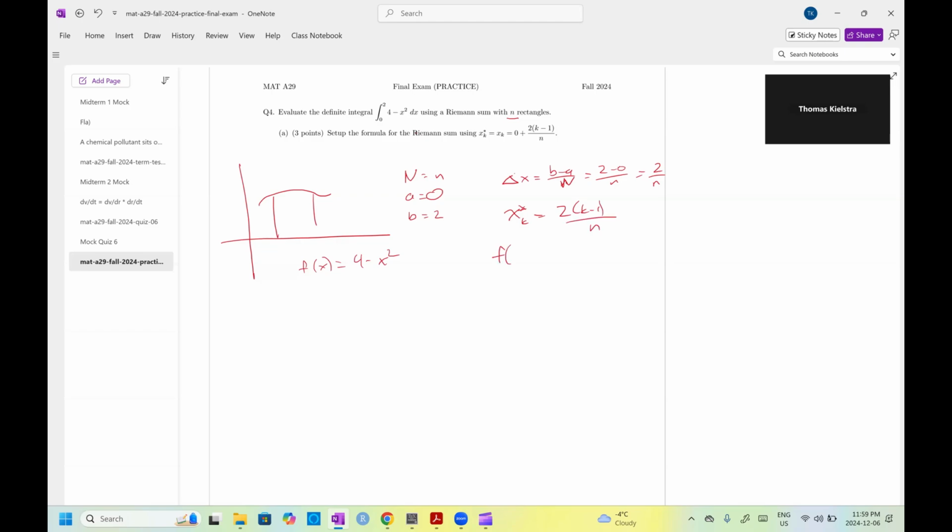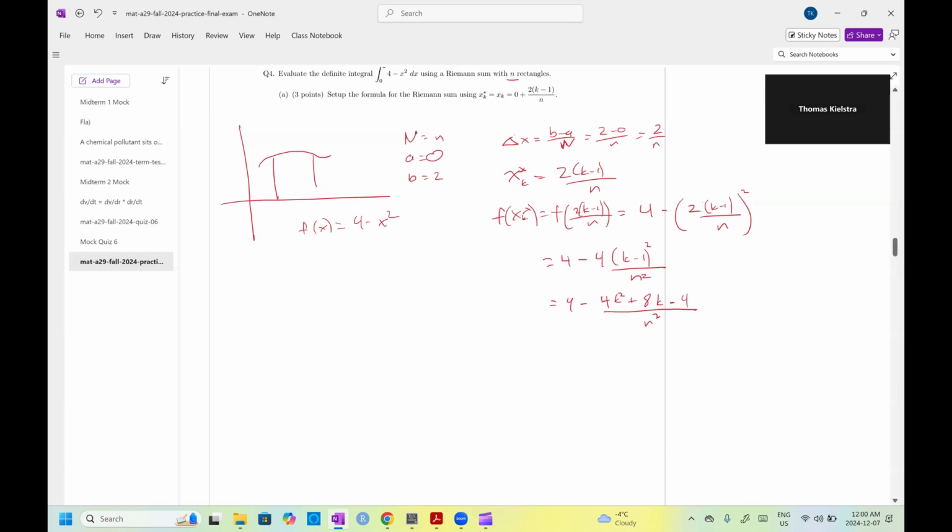So this allows me to compute f of xk star, which equals f of (2k minus 1) over n, which equals 4 minus ((2k minus 1) over n) all squared, which equals 4 minus (4k minus 1) squared over n, which equals 4 minus (4k squared plus 8k minus 4) all over n squared.